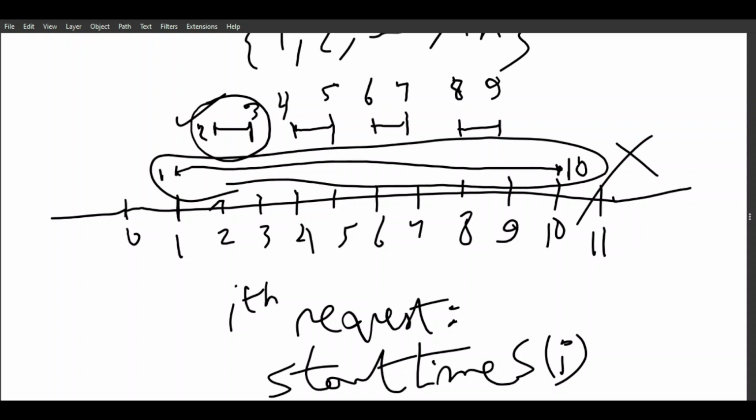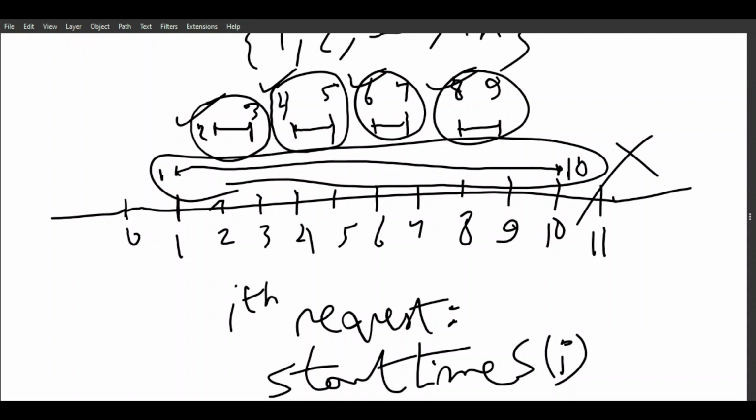Now we have three other smaller intervals. Again we choose the next one. The only overlapping interval is already removed. So we take this, next we take this, and finally we take this. So we are getting the optimal solution. For this instance, the algorithm is giving the optimal solution.